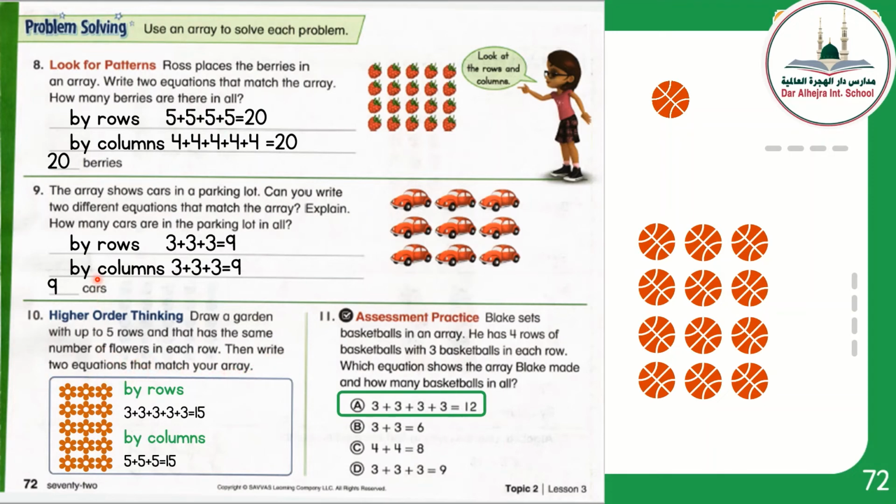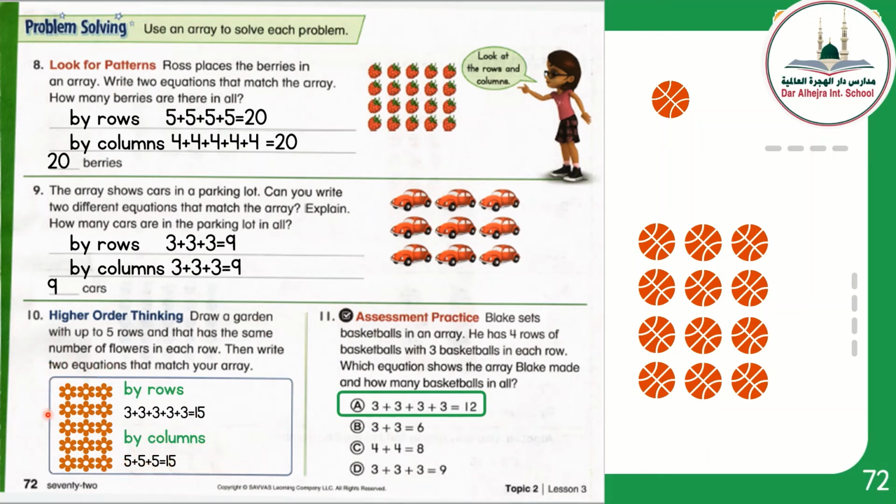Now we have already practiced a lot writing equations by counting them by rows and by columns. By rows, I count 3 plus 3 plus 3, and there are 5 rows, so I'll repeat 3 five times. If I add them by columns, each column has 5 flowers, and I have a total of 3 columns, so I can write 5 plus 5 plus 5 equals 15.